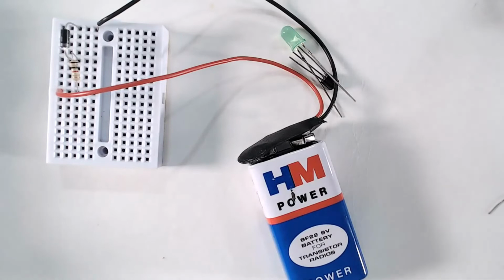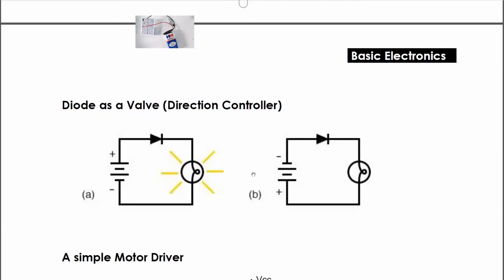So that is the simple forward bias, reverse bias circuit. We measured the voltage across the diode and the voltage across the resistor: 9 volt supply, 0.7 volt across the diode, and the rest across the resistor. When it is reverse bias, no current flow means no potential difference across the resistor. The entire supply voltage is across the diode.